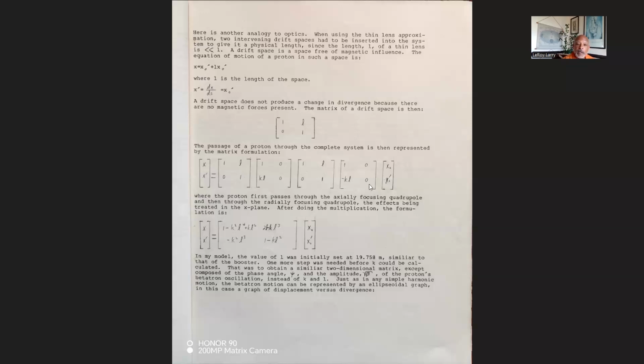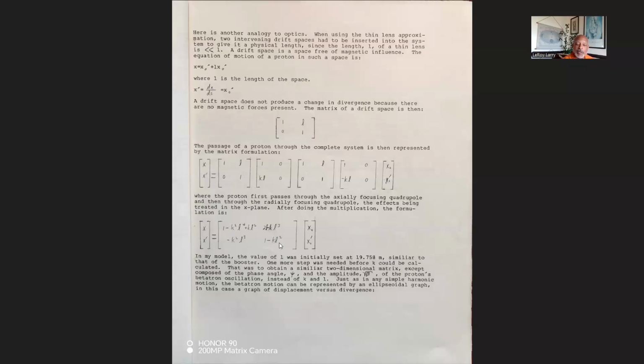And then the 2x2 matrix that you would have from these two, you'd multiply that by the 2x2 matrix that you got by these two, okay? And when you do all that, this is what you come out with.